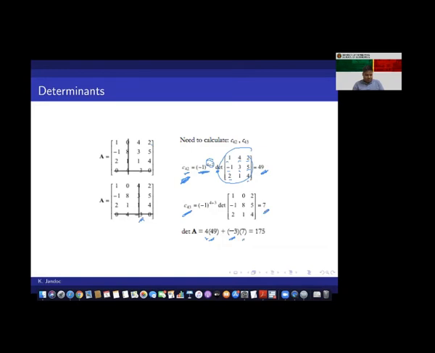So this is 4 times 49 minus 21, which is 175. Again, you can compute it by yourself, or you can take it by faith. And so the determinant of this matrix A is 175. Okay? That's how you compute for the determinant of higher order matrices.